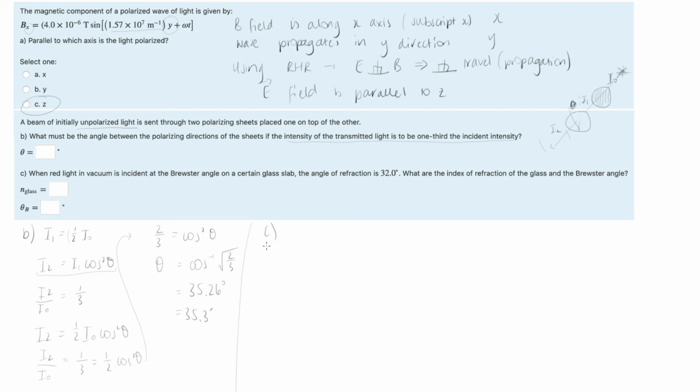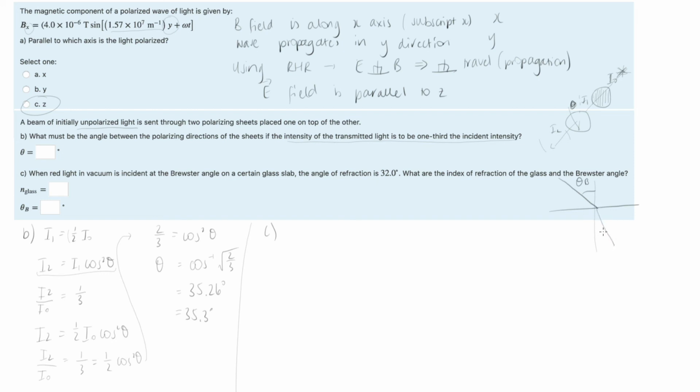When red light in vacuum is incident at the Brewster angle on a certain glass slab, the angle of refraction is 32 degrees. What are the index of refraction of the glass and the Brewster angle? Okay, so we know, let's actually just draw this. So we've got incident light coming in. This here is our Brewster angle.